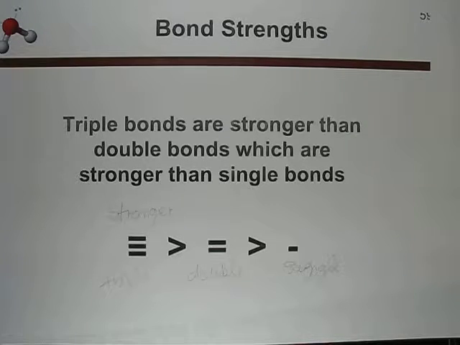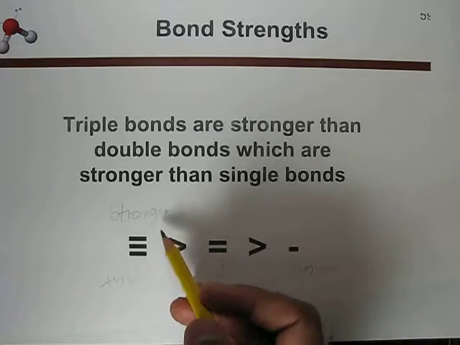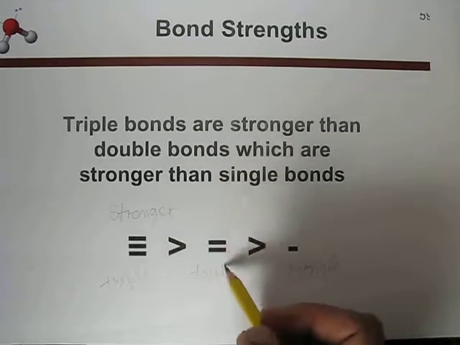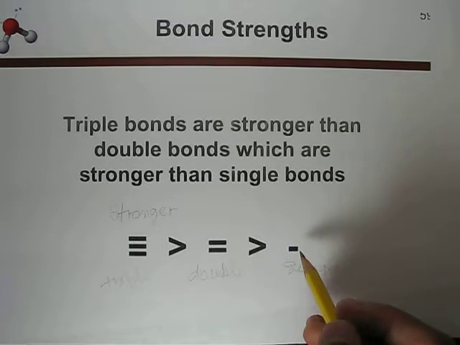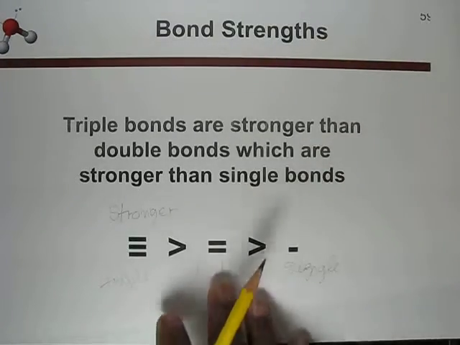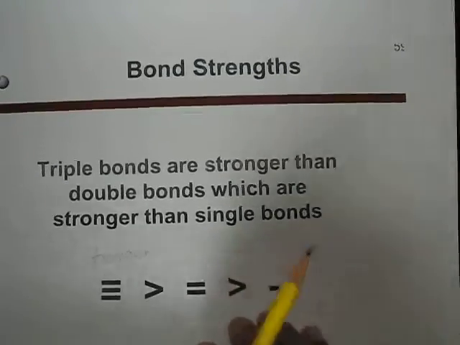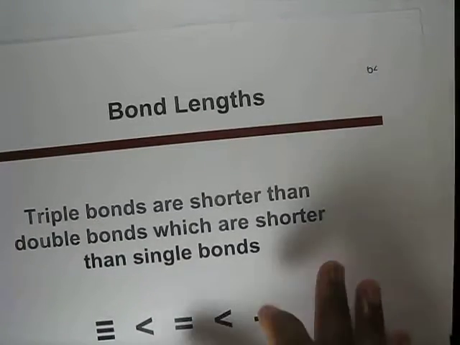So the triple bond is the strongest bond, the double bond is less strong, and the single bond is very weak. This is how the bond strength can be drawn.